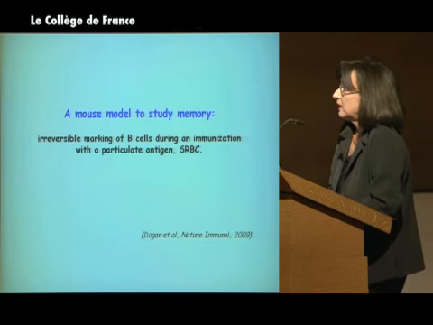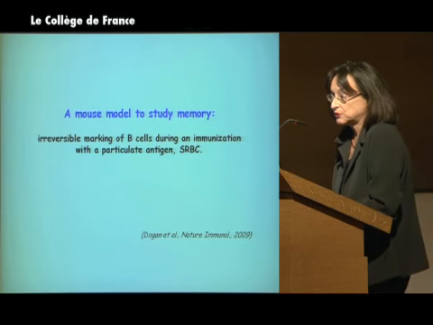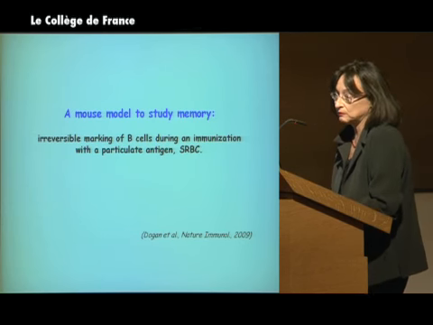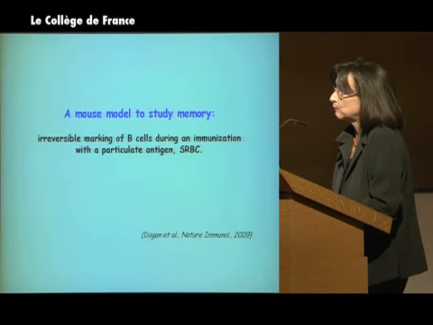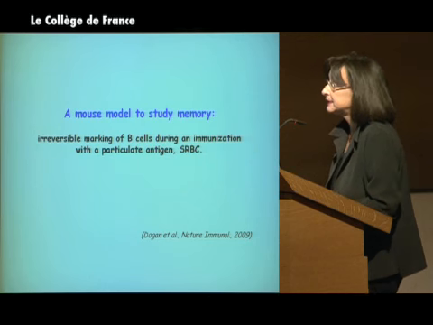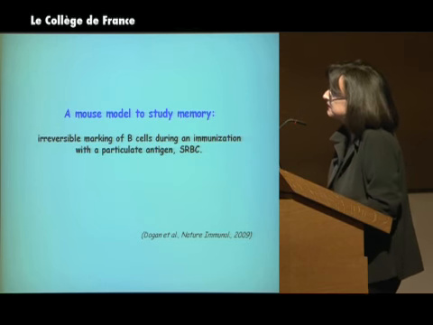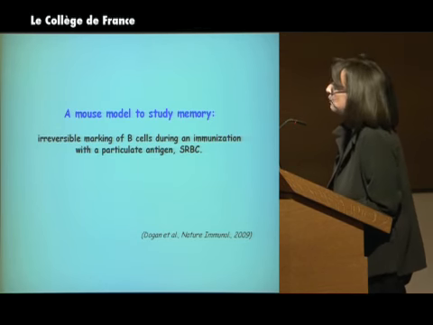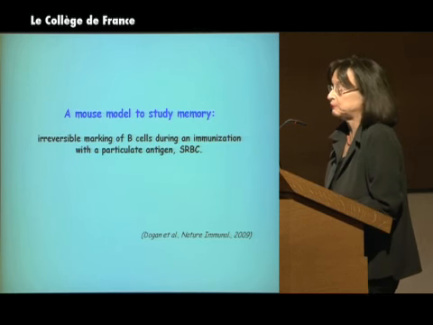So the model we chose to make is a system where B cells engaged in an immune response will be simply and irreversibly marked by a fluorescent marker upon immunization.